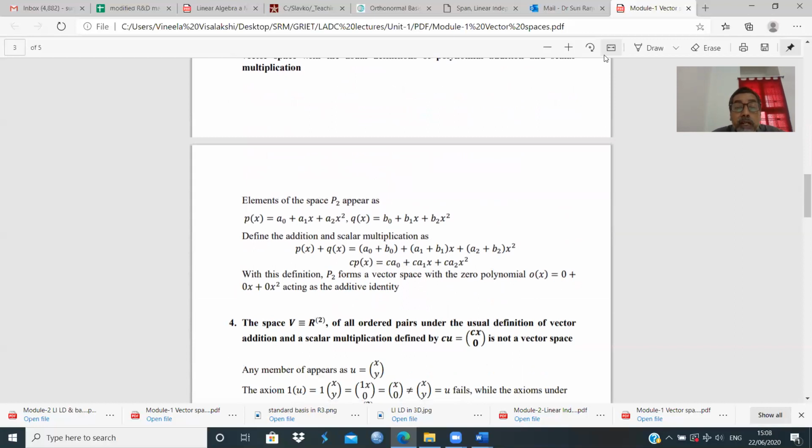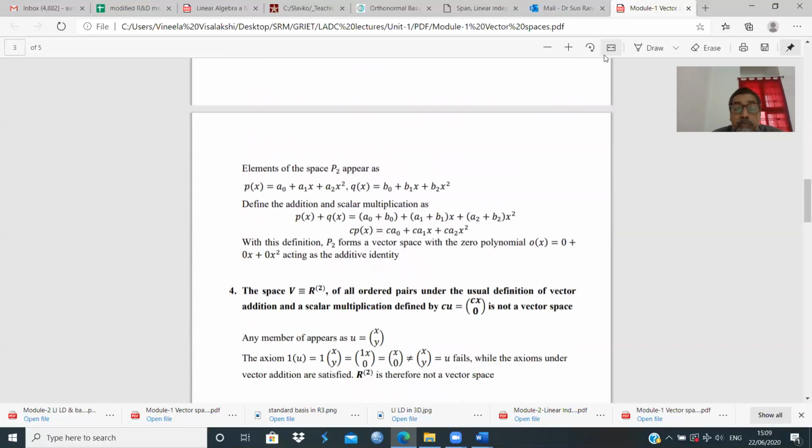Polynomials, when you add, like terms must be added. And similarly, scalar multiplication, c times p(x), c will multiply all the coefficients, and the additive identity will be the zero polynomial, 0 plus 0x plus 0x squared. And with this, we can verify that all the 10 axioms are satisfied. So this is another example of a vector space.